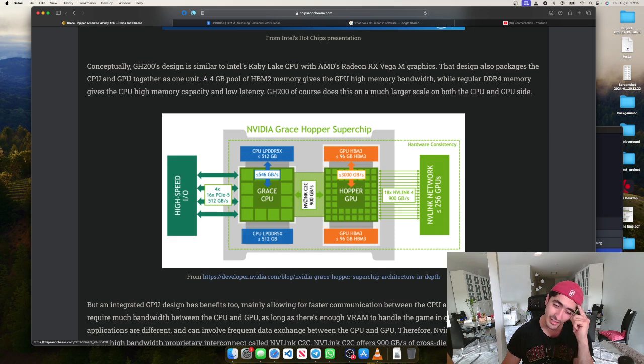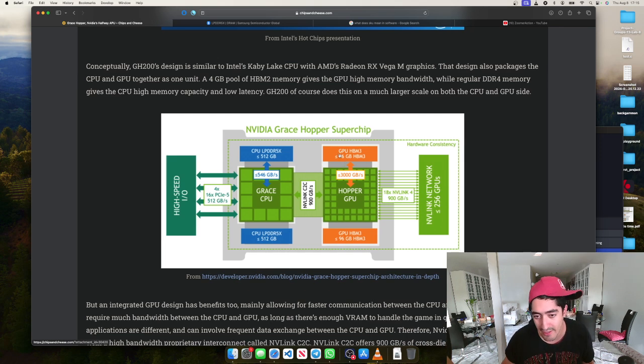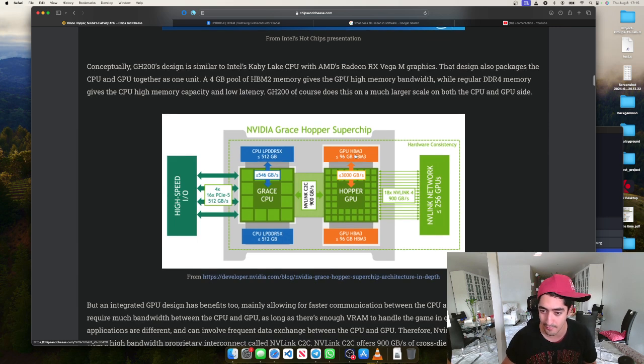And then you have your NVLink that goes from your Grace CPU to Hopper GPU. And then you have your LPDDR5, 500 gigabytes of RAM. And then you have your high bandwidth memory, which is less than 96 gigabytes of RAM.